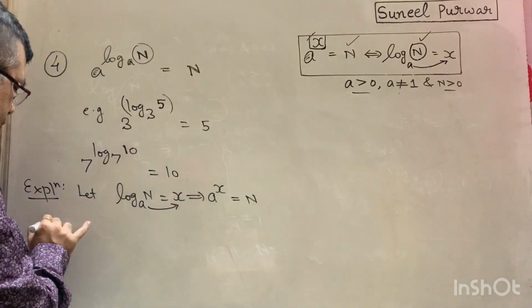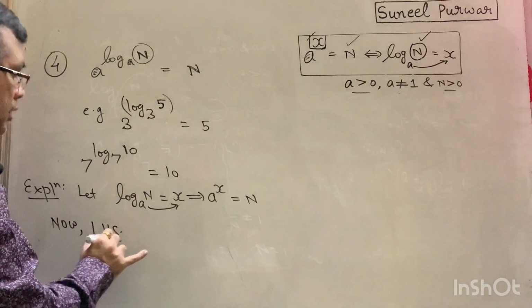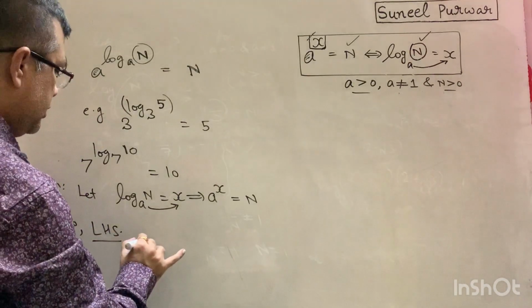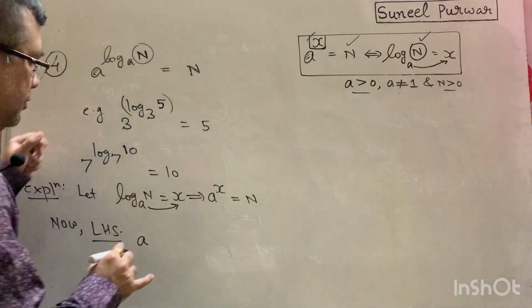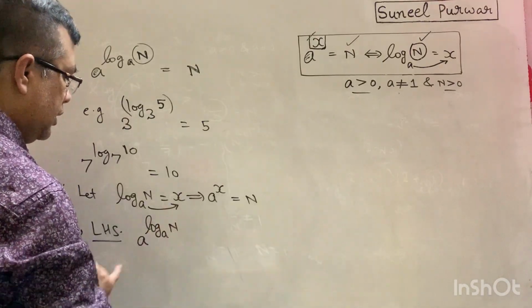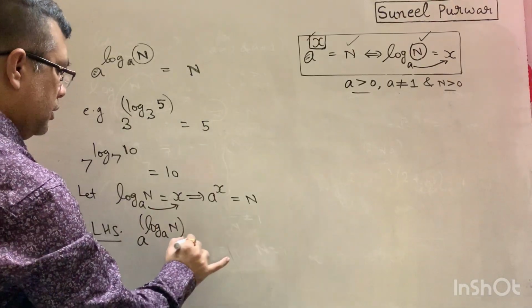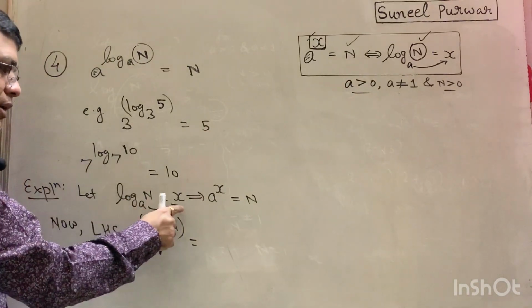Alright, now you see your LHS. What was your LHS? LHS was a to the power log of n to the base a. Now I have assumed log of n to the base a equal to x.